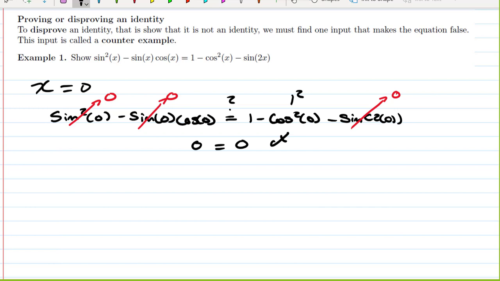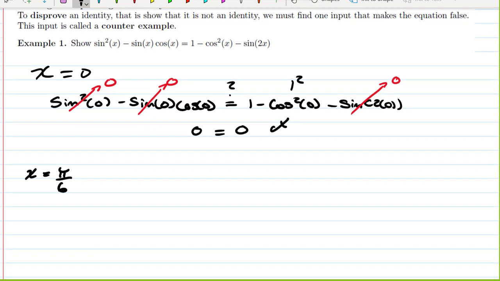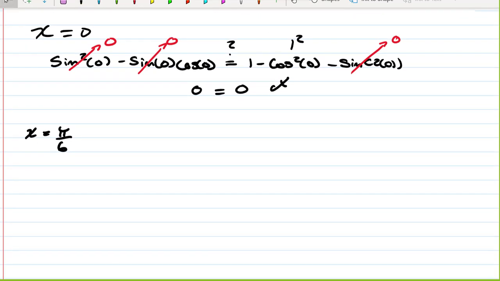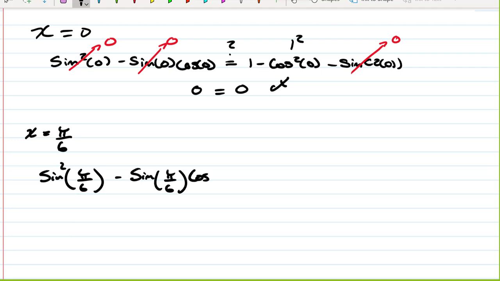But showing that it works for one value of x doesn't make it an identity, because it has to work for every value. So this time, if we try pi over 6, we get the sine of pi over 6 squared minus the sine of pi over 6 times the cosine of pi over 6.